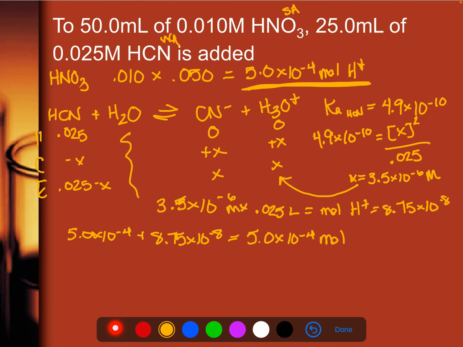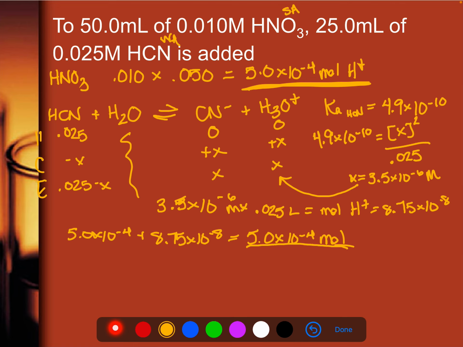That is why I said if you're mixing a strong acid and a weak acid, you can essentially ignore the weak acid, because even after we did all that work, our number of moles for our hydrogen still matches the number of moles from the strong acid initially.